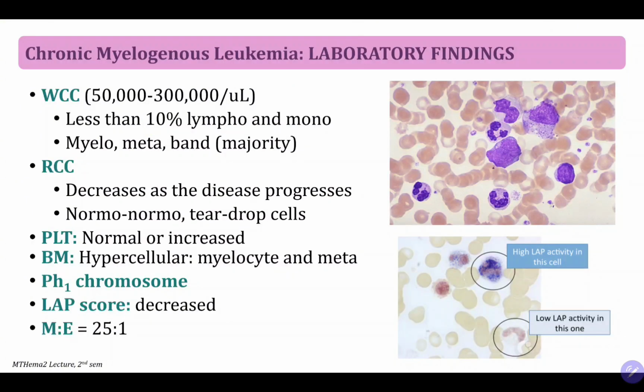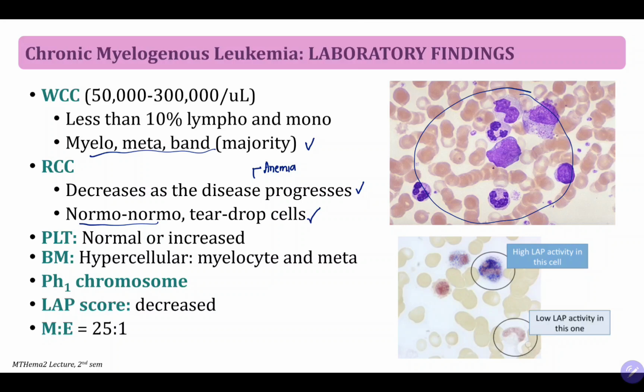Now, as mentioned, majority of the affected cells are the mature cells. The hallmark of the initial phase of CML is the excessive increase in the mature myeloid cells in the peripheral blood. Okay? Now, your red cell count decreases as the disease progresses. Therefore, as the disease gets severe, there will be the presence of anemia, and usually presents a RBC picture of normocytic, normochromic, with RBC anomalies or poikilocytes of teardrop cells.